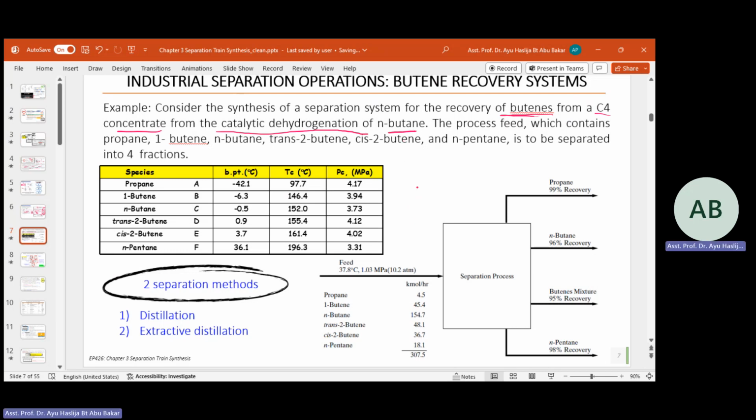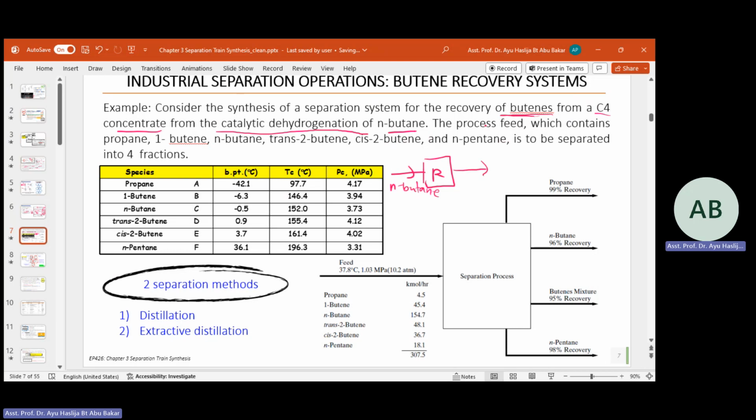Okay, so here is the reactor involved. Here is your reactor. The feed here is your N-butane.